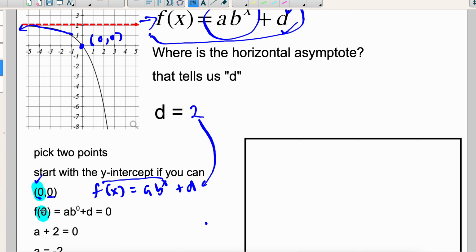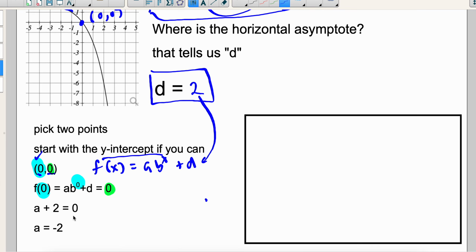That's my x, I put 0 in for x. And then for my y value, I'm going to put 0 in for y. Like I said before, I already know what d is because I got it by looking at the graph visually. d equals 2. So I'm going to substitute 2 in for d.